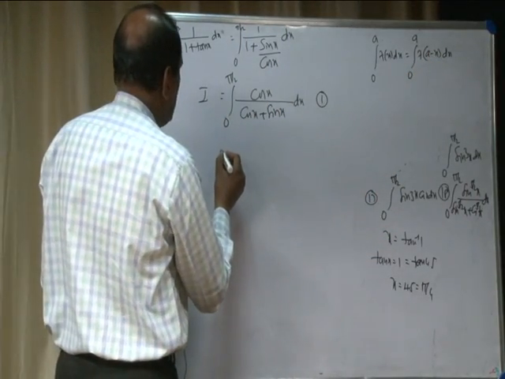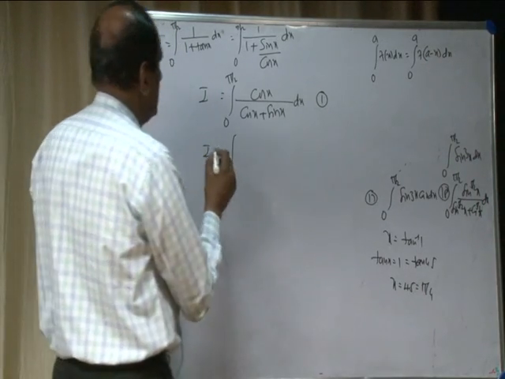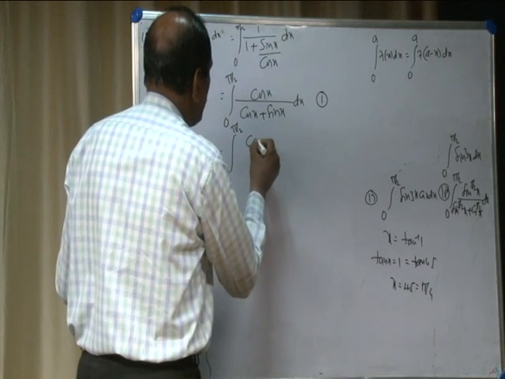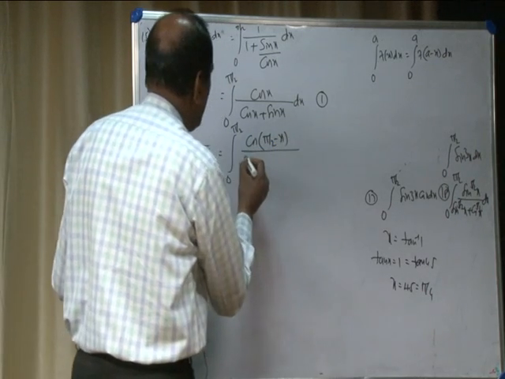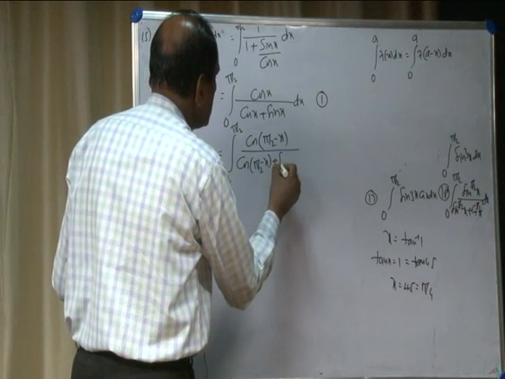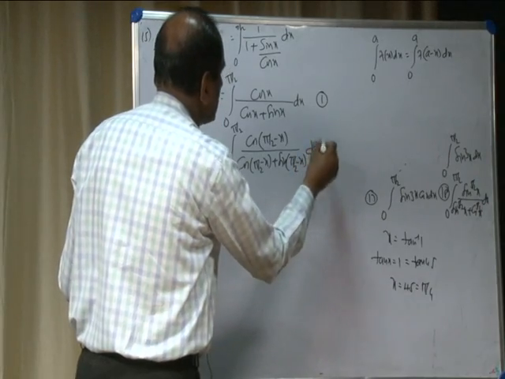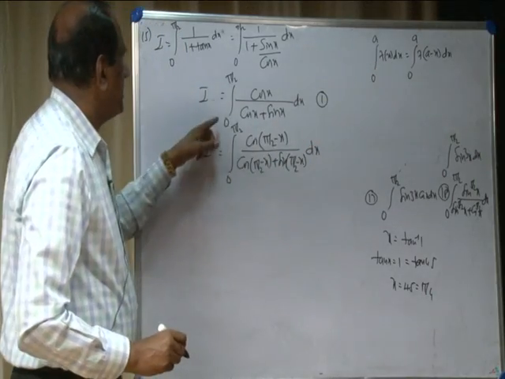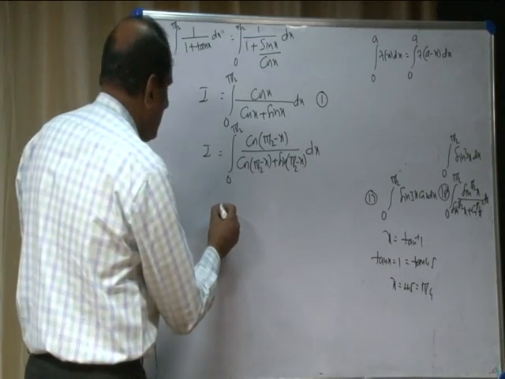So, this is also I, integral from 0 to pi by 2 of cos of pi by 2 minus x divided by cos of pi by 2 minus x plus sin of pi by 2 minus x dx.